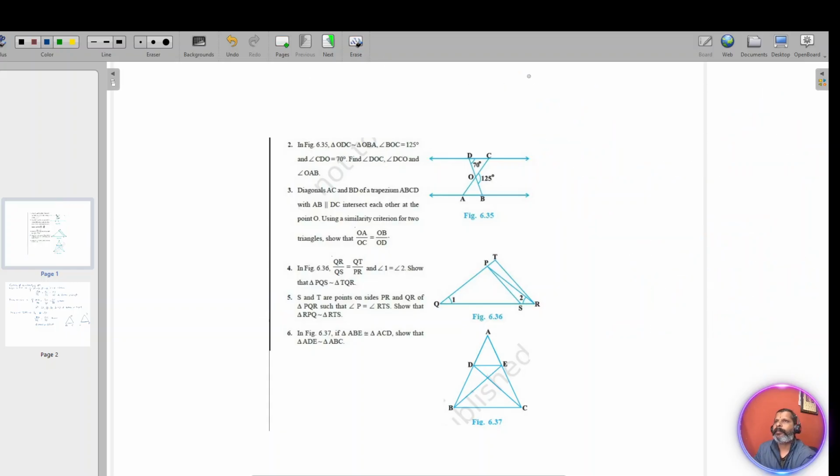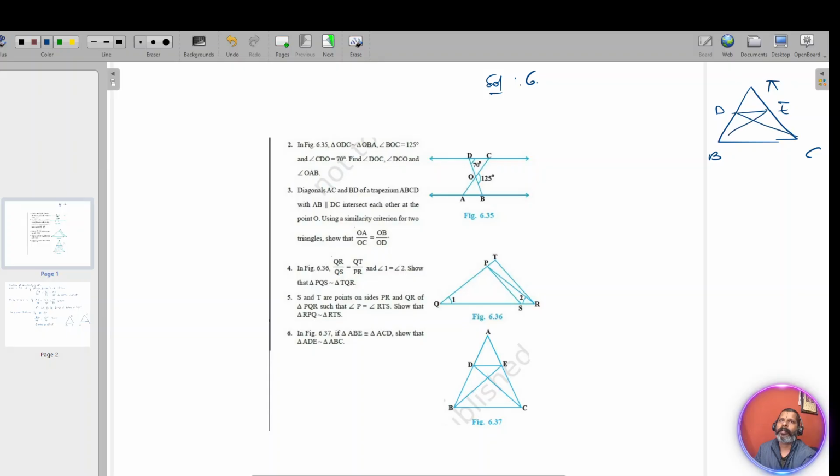Sixth one will say, it's very simple. ABE is congruent to ACD. Don't get confused. It's not the similar symbol. It's a congruent symbol. We have to prove the ADE and ABC are similar. Okay, we just saw the figure now. A, B, C, D, E is given.